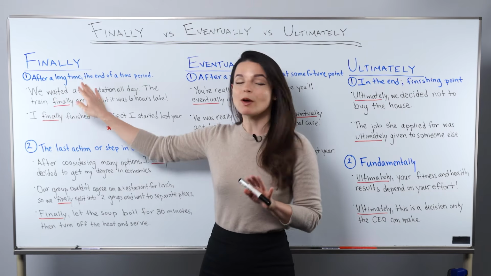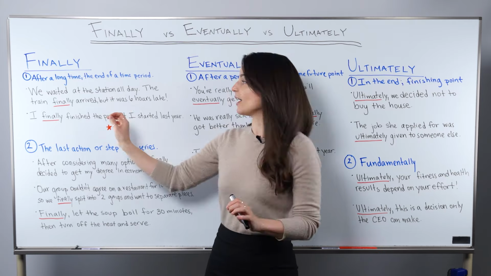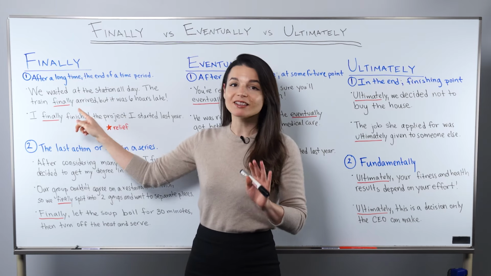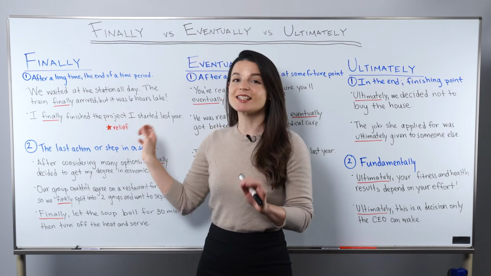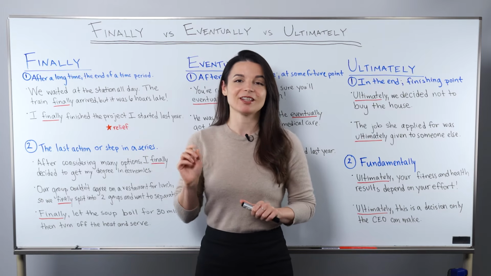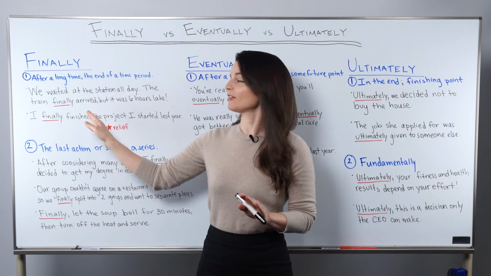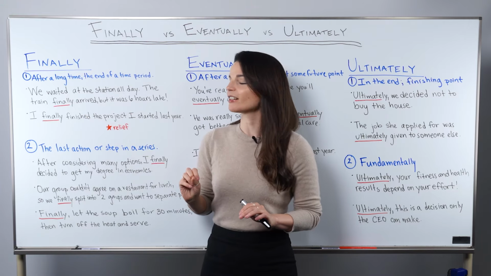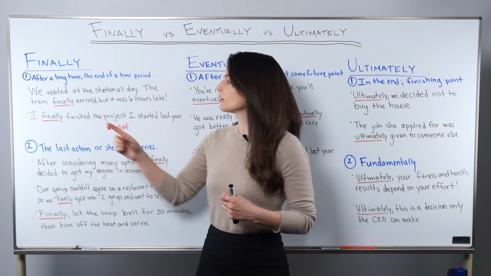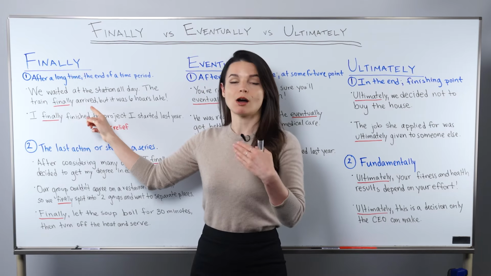First, we waited at the station all day. The train finally arrived, but it was 6 hours late. So let's read the last sentence again. The train finally arrived, but it was 6 hours late. So this sentence uses finally before the verb arrived.